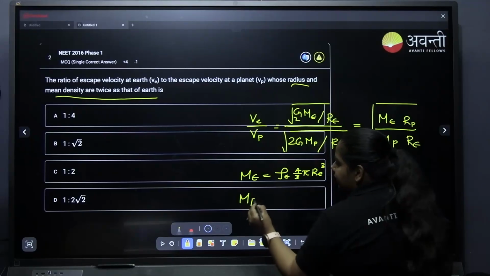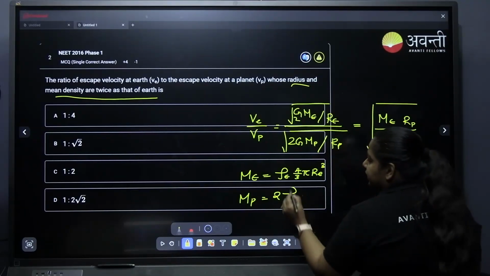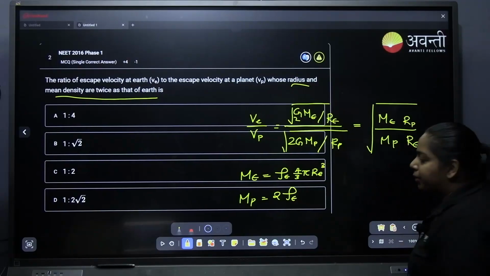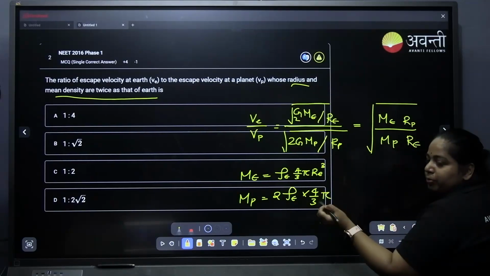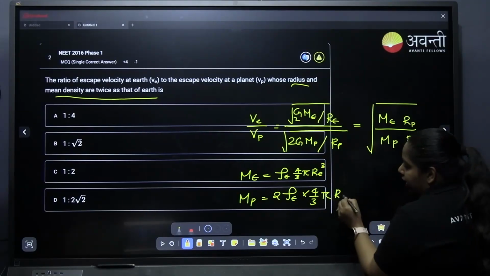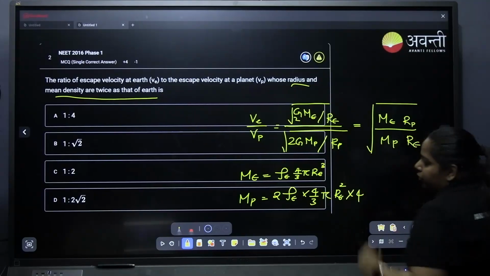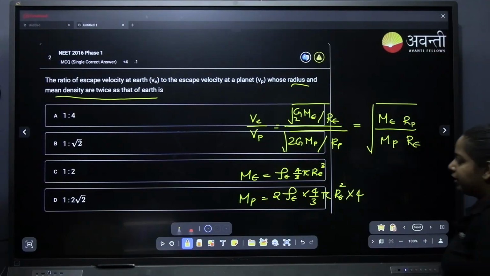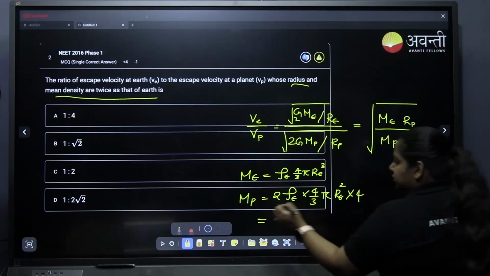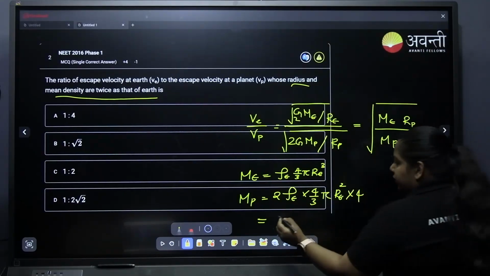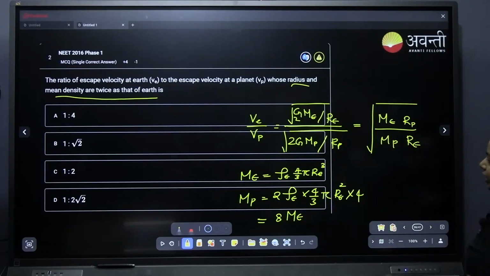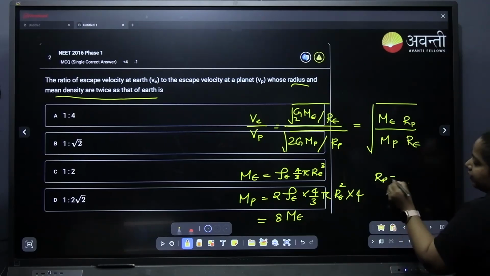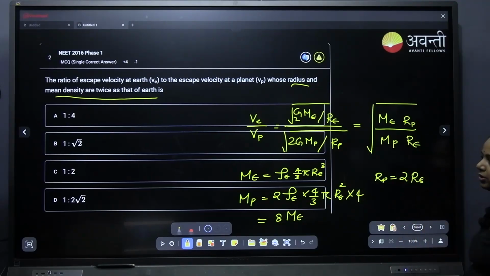Mass of planet P is equal to 2 times density of Earth, density of that planet, into 4 by 3 pi, radius of planet is twice, so RE cube into 8. Okay, so you will get mass of this planet is equal to 16 times mass of Earth, and RP is already given as 2RE. Now substitute the values and you will get the answer.